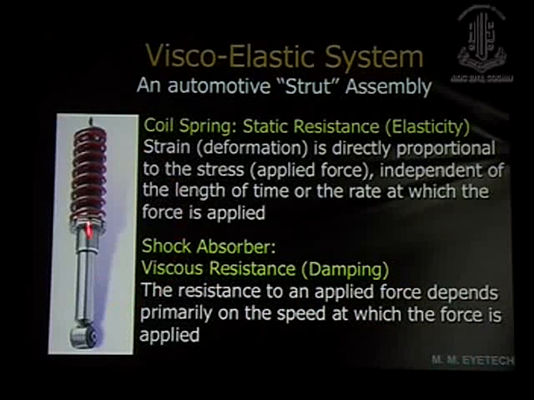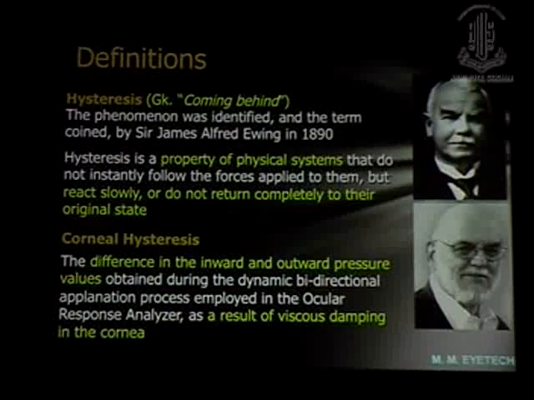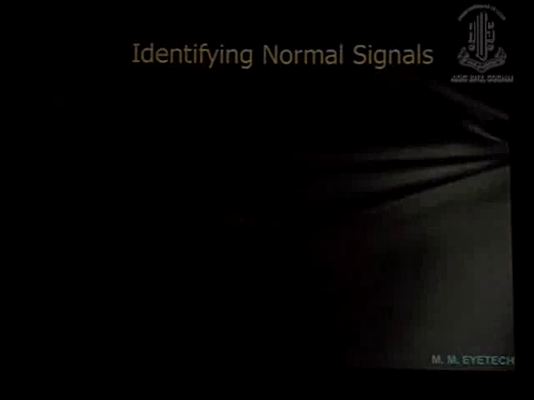It is a combination of these two physical characteristics that creates a viscoelastic system, which is what the cornea actually is. So these are the definitions of hysteresis laid down many years ago: a property of a physical system that does not follow the forces applied to it instantly but reacts slowly, and also does not return completely to its original state instantly.